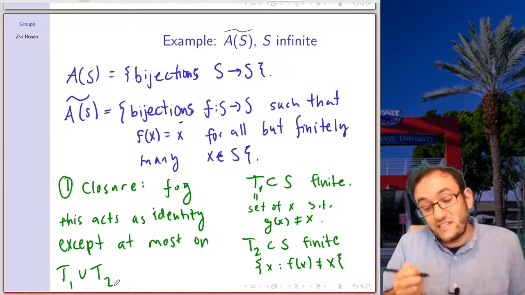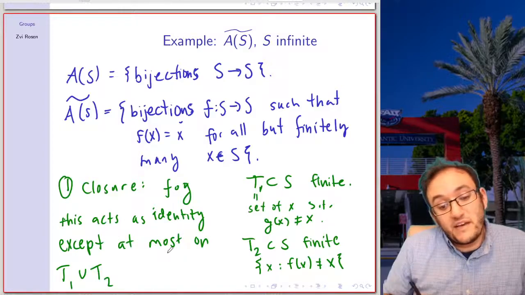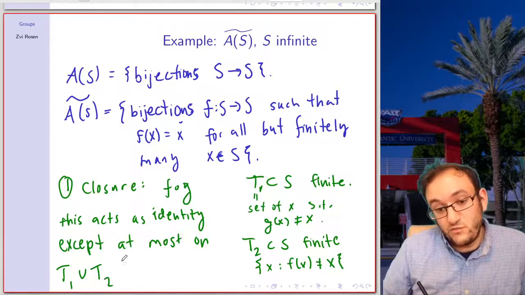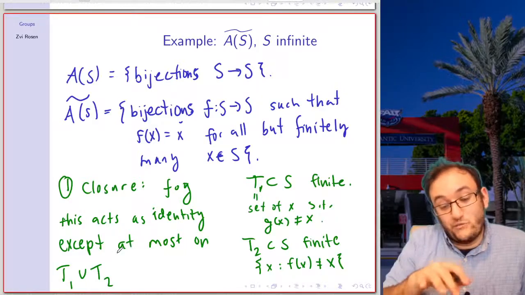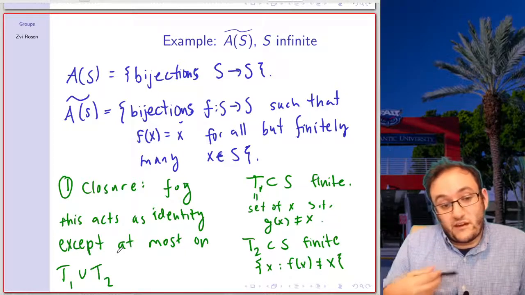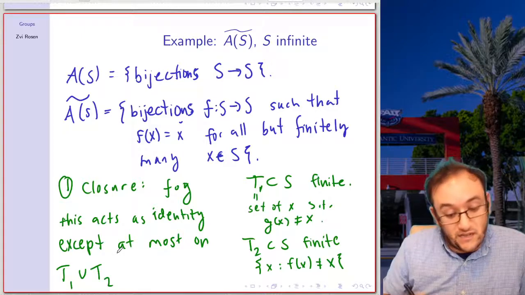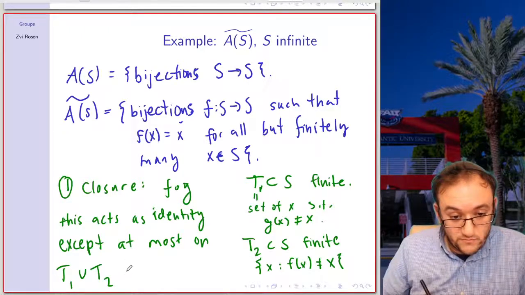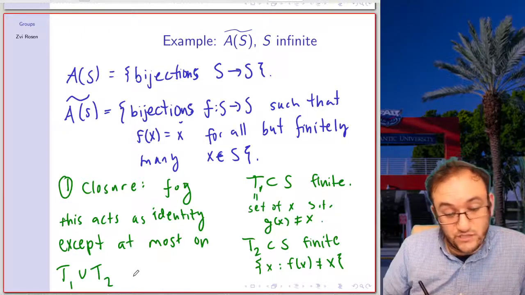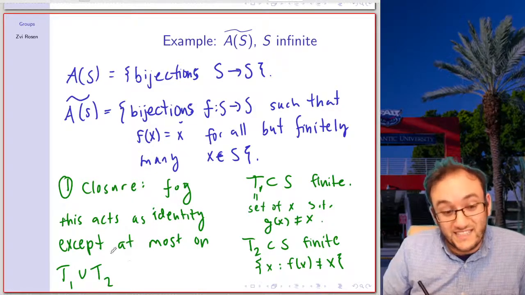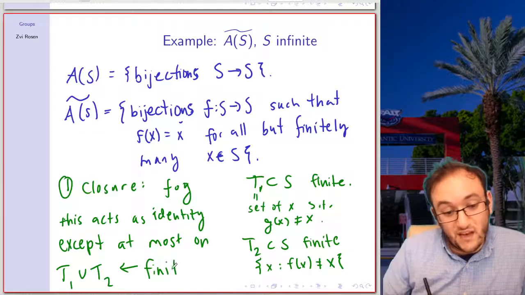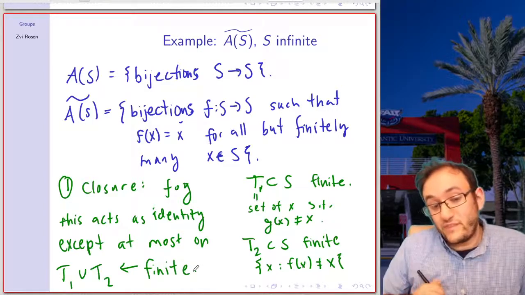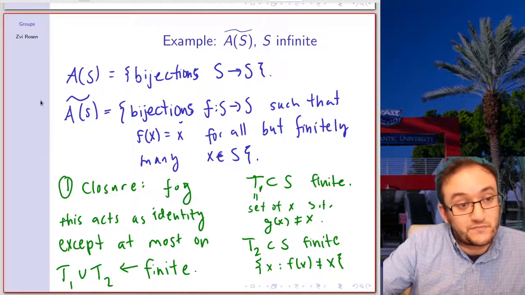It might be the identity inside of there also, but since both of them are the identity everywhere outside of that union, their composition will also be the identity there. The great thing about two finite sets is their union is also finite. So that means that this composition is also within our A of S tilde.